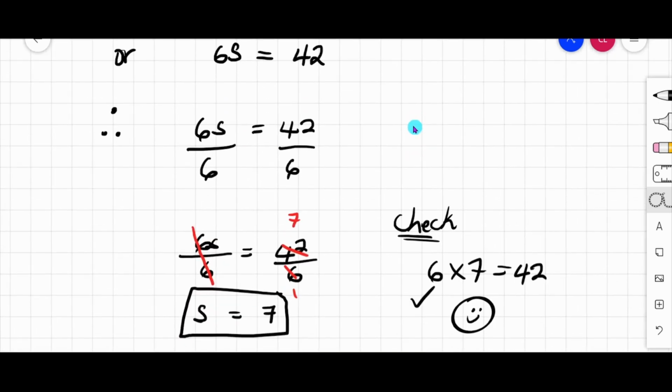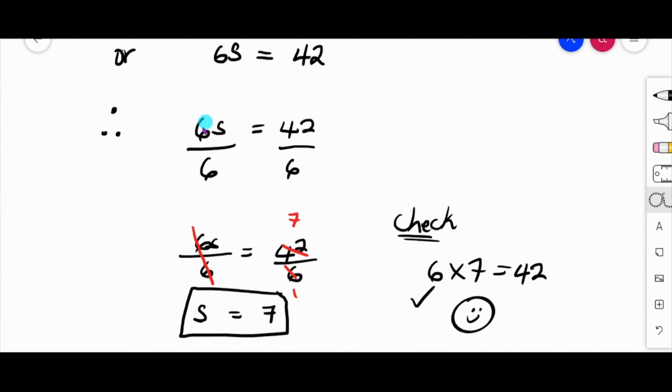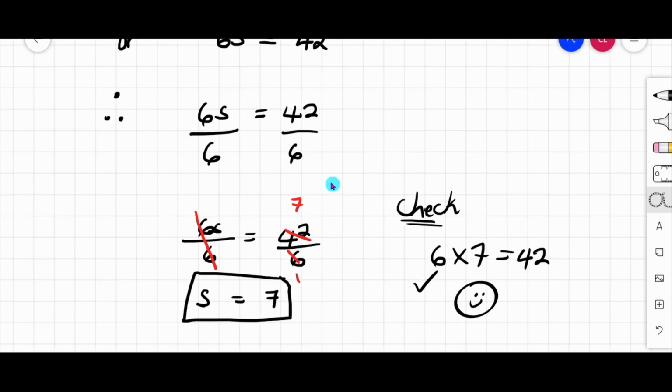And if we do a little algebra, I want to get S by itself. So I will divide the left hand side of this equation by 6 and then divide the right hand side by 6, because the rule is whatever I do to one side of the equation must be done to the other side as well.